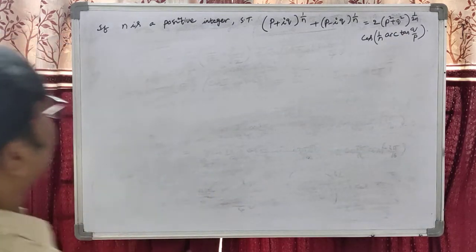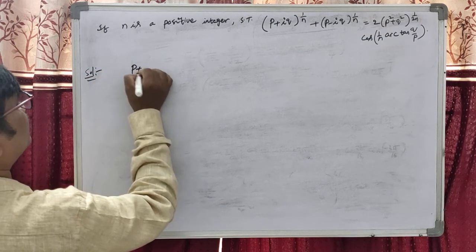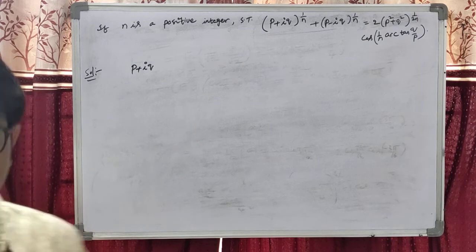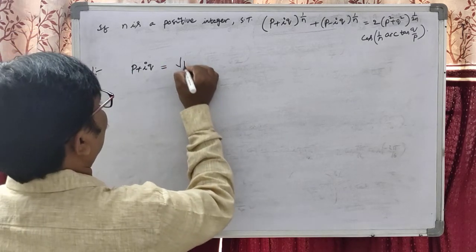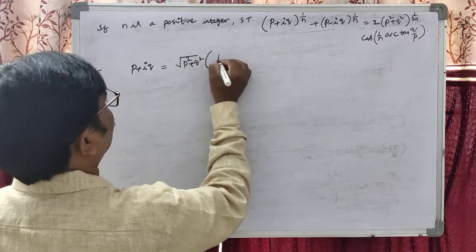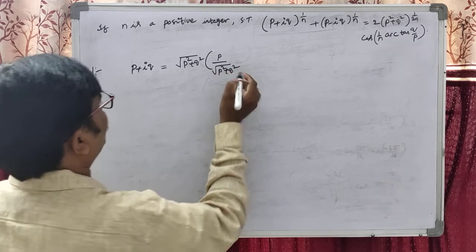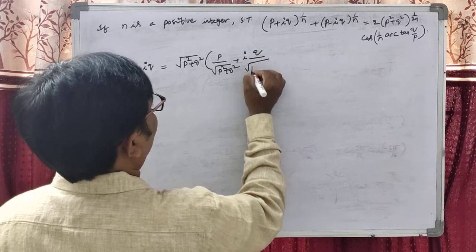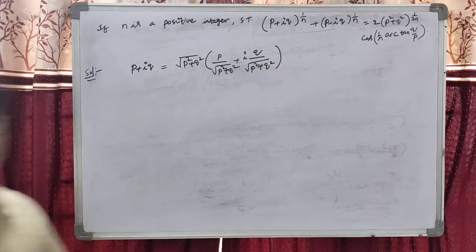Now students, first we take p + iq. First we can write p + iq in the polar form. So students, that is √(p² + q²) [p/√(p² + q²) + i q/√(p² + q²)].